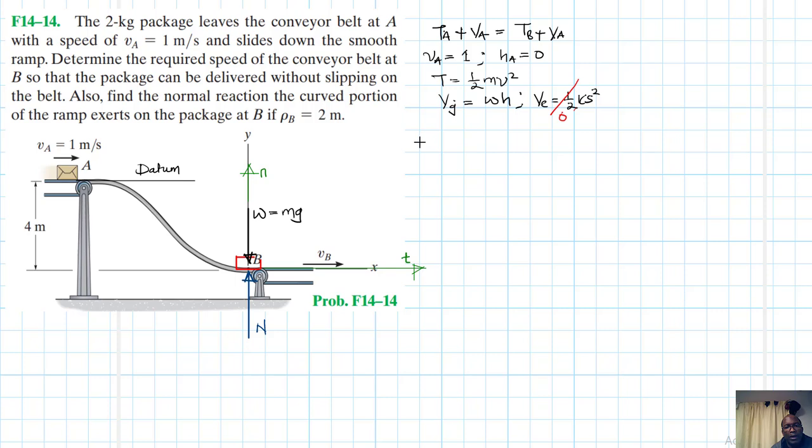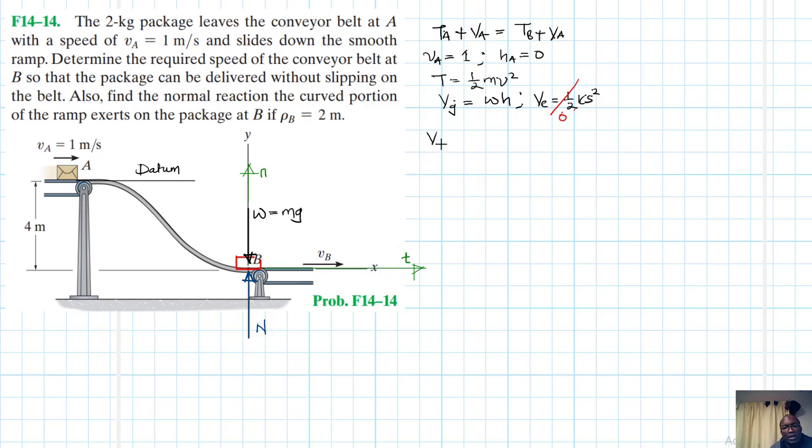So TA there is half m VA squared, plus this plus 0. So let me write down this in advance.